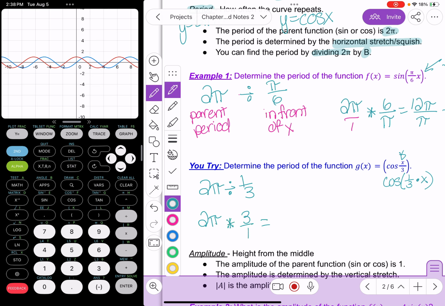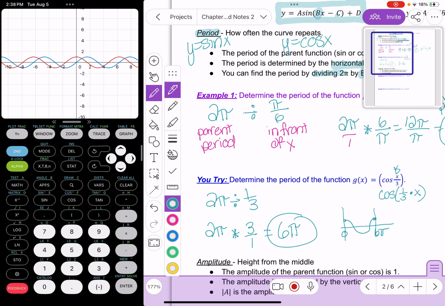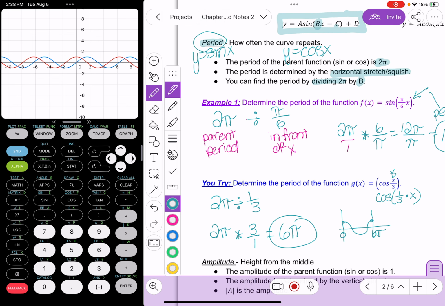So 2 pi times 3 is 6 pi, which means this cosine shape, max to max, would repeat on a number line every 6 pi. So if that's 0, this would be 6 pi. So that's what the period is and how to find it. You take 2 pi, divide by the number in front of x.